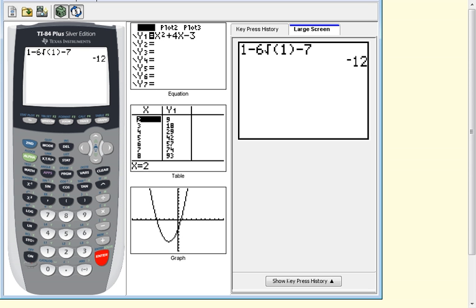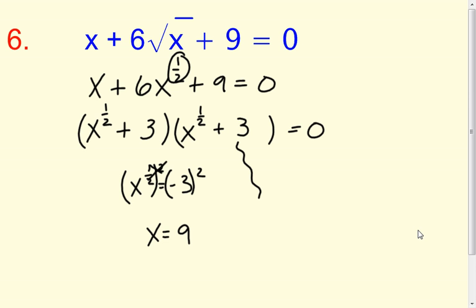So my question is, does 9 plus 6 times the square root of 9, which I know you know is 3, so I don't really know why I'm typing that in, plus 9 equal 0? And it doesn't. It equals 36. And so, guess what? This didn't work. And you don't have any solutions in this case, so here we go. No solution.